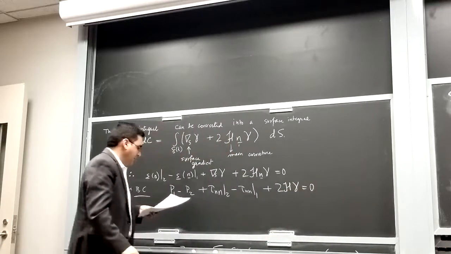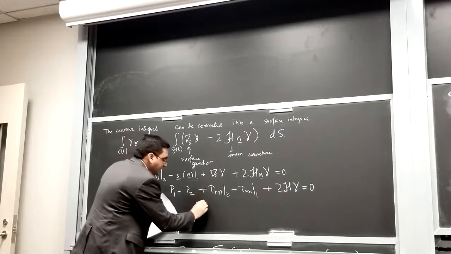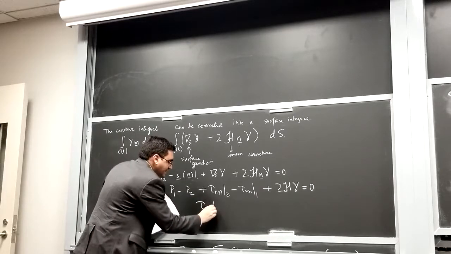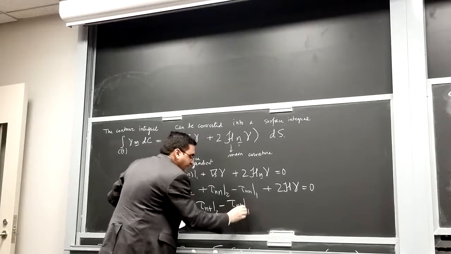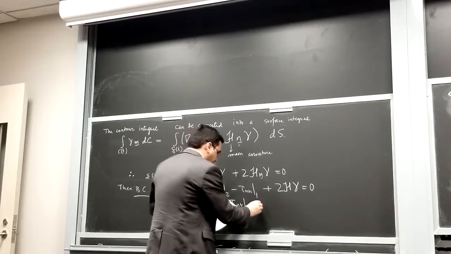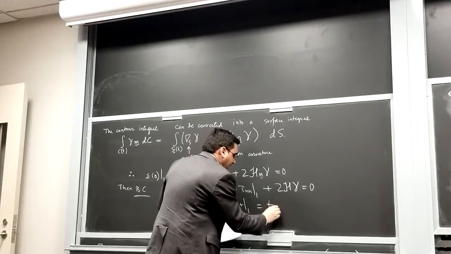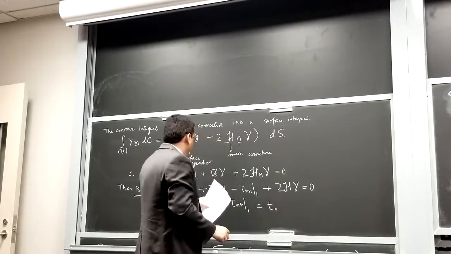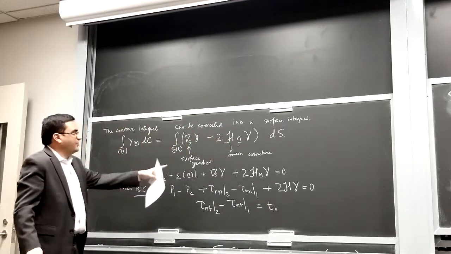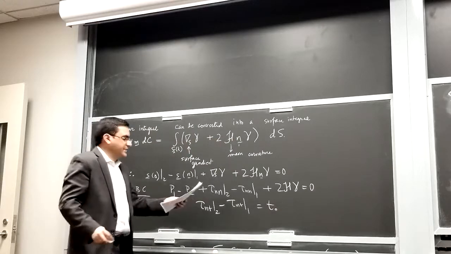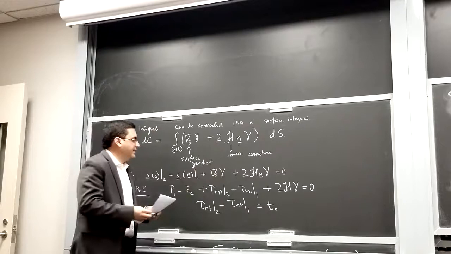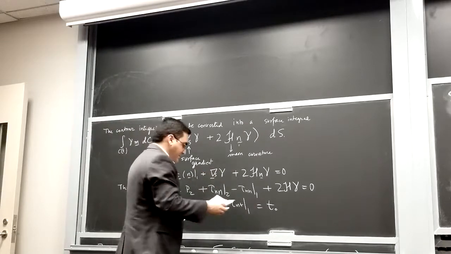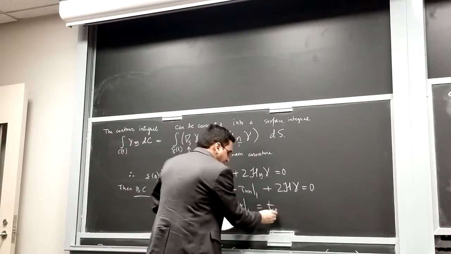And the other one is tau nt 2 minus tau nt 1 is equal to, so we take the normal component and then we take the tangential component. So for normal component you take dot product with n, and for tangential we'll take dot product with the tangent vector.